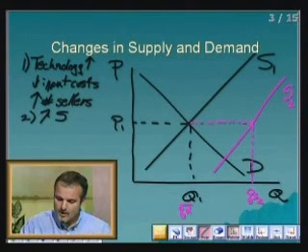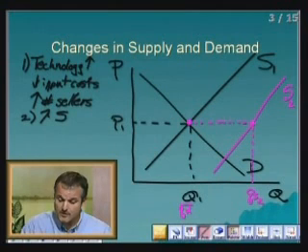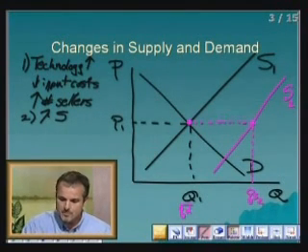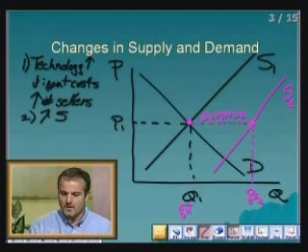So we have on the new supply curve a lot more cell phones available. On the demand curve, since there's no initial change in price, the same number of phones are being purchased at the old price. So if there's a lot more of the product being supplied than there is demanded, obviously this is going to create a surplus of cell phones from here to here.